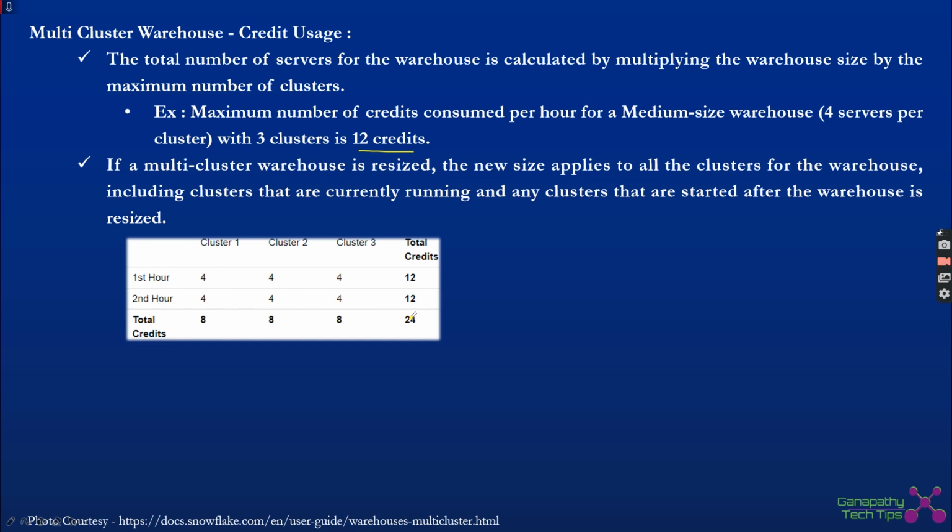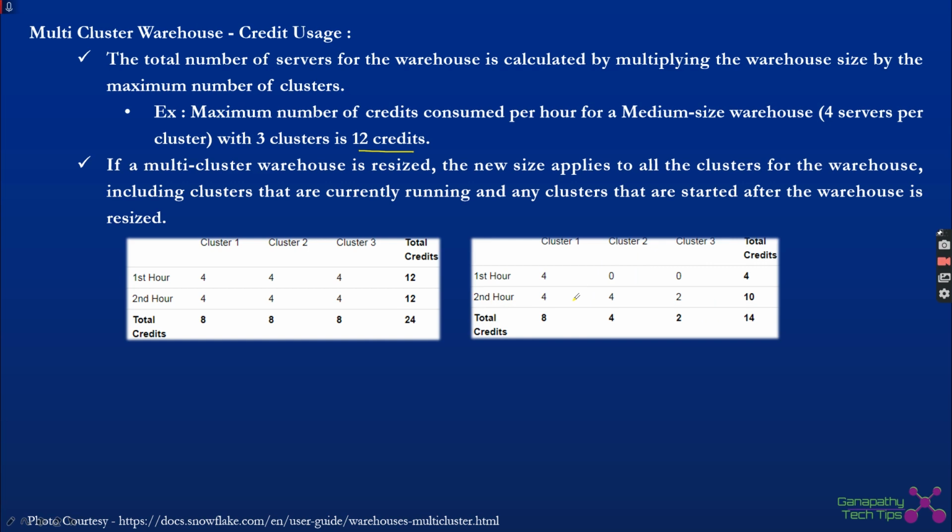So running it for 2 hours in maximized mode will consume 24 credits. But when it comes to the auto scale mode, cluster 1 is running for the first hour, and for the second hour cluster 2 is running, and only 50% of cluster 3 is running in the second hour, which means cluster 3 runs for only 30 minutes. This is how the typical auto scale works.